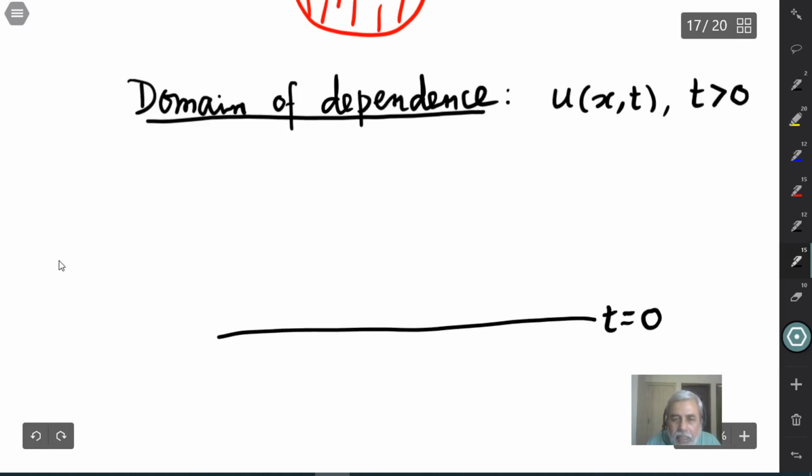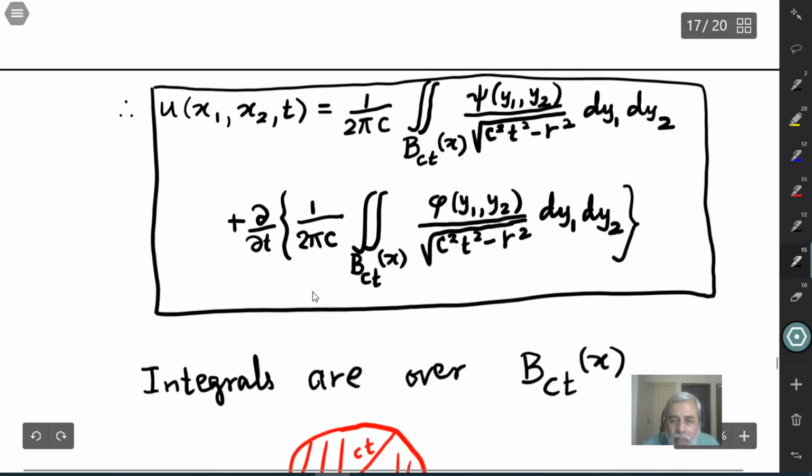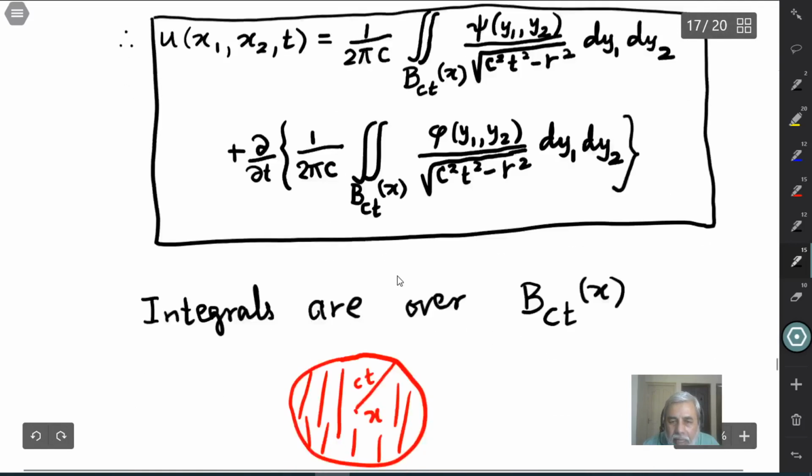So we are interested in knowing how is this dependence of u on the initial condition. If again we look at the formula, we require that entire ball.